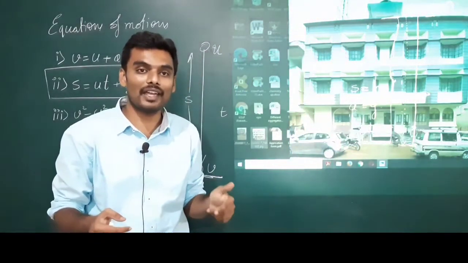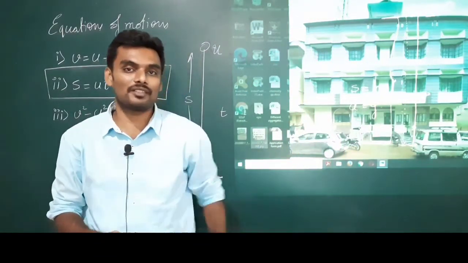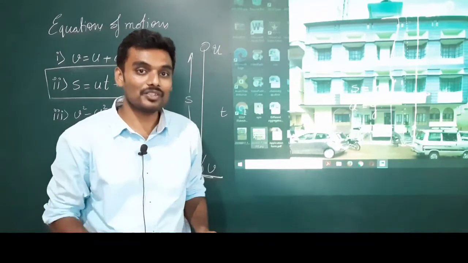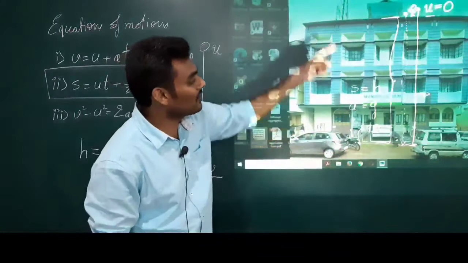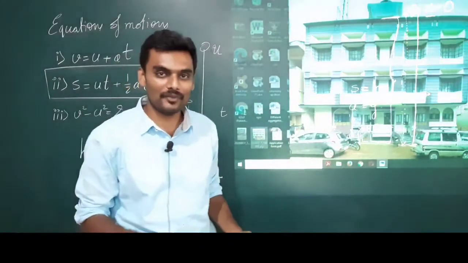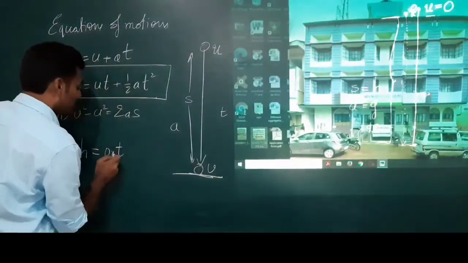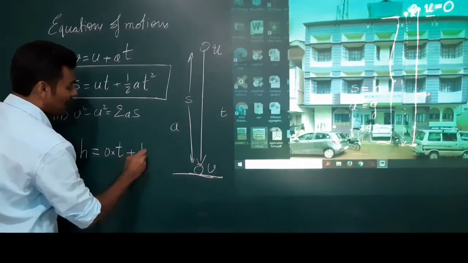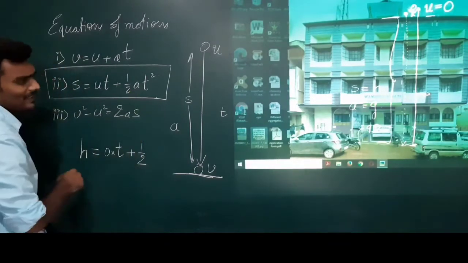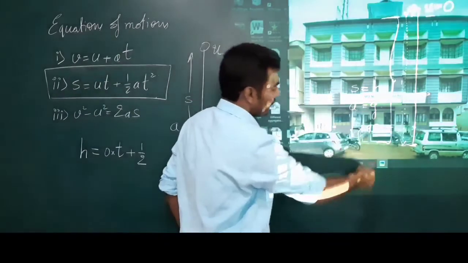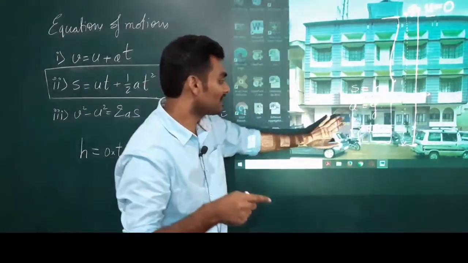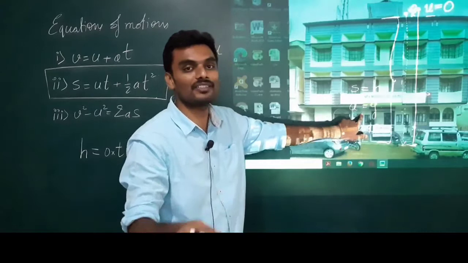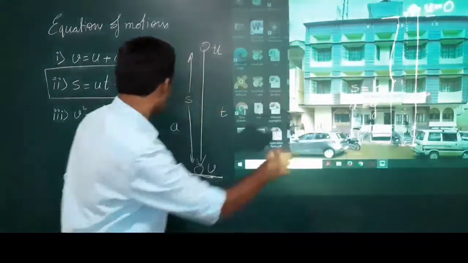So what we actually need is a stopwatch. If we have a stopwatch, without the help of a measuring tape, we can measure the height of the building. Interesting now? So 0 into t plus half a t squared. What is a equal to? For this particular situation, the acceleration of the motion is equal to the acceleration due to gravity. a is equal to g.